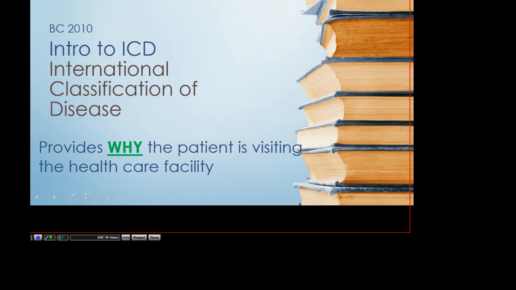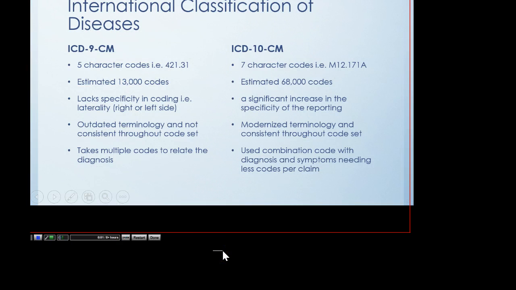Now, your next step in this journey is BC 2010. You're going to begin to learn how to code the diagnosis, and this code tells why the patient encounter happened. You've probably been hearing a lot about the new ICD-10 that we're going to be billing and coding from in the near future.